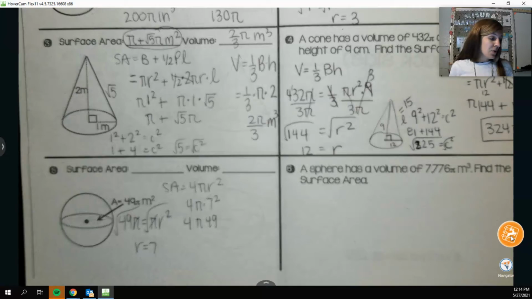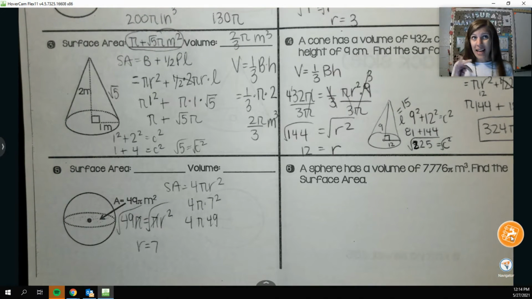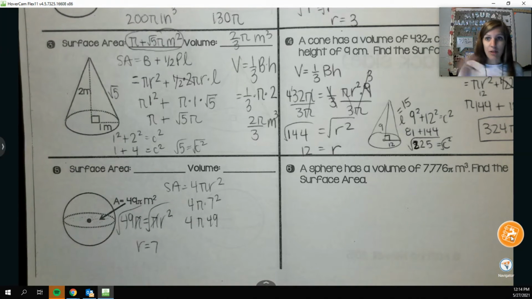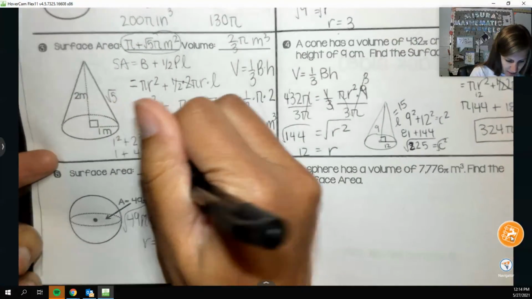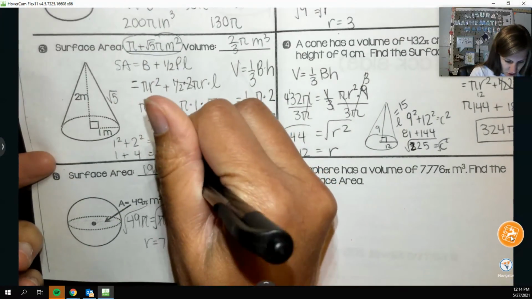And if you remember the baseball, that makes sense because if I'm peeling the circle away, I get these 4 big circles laying flat, like if you unstitch the baseball, I think I showed you guys that picture. So 49 times 4 is 196 pi meters squared.